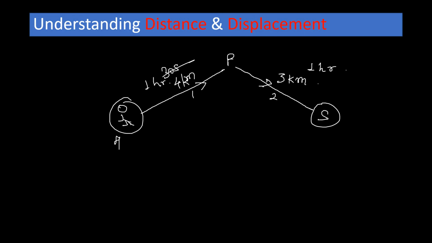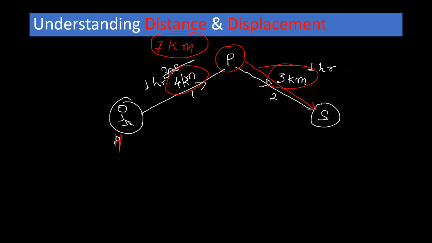So if we observe the movement of the boy, first the boy went from his home to P and then went via path 2 to reach school. Here, the total distance moved by the boy is nothing but 4 kilometers plus 3 kilometers. In short, it will be 7 kilometers, right?